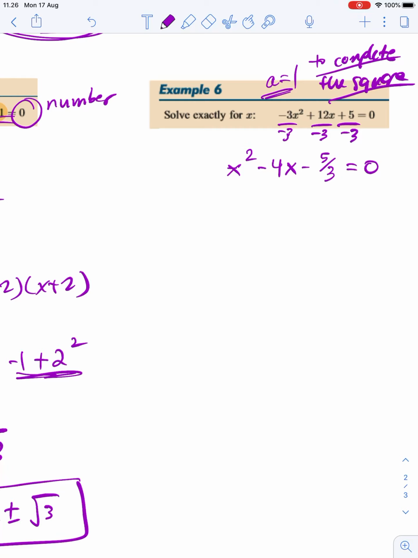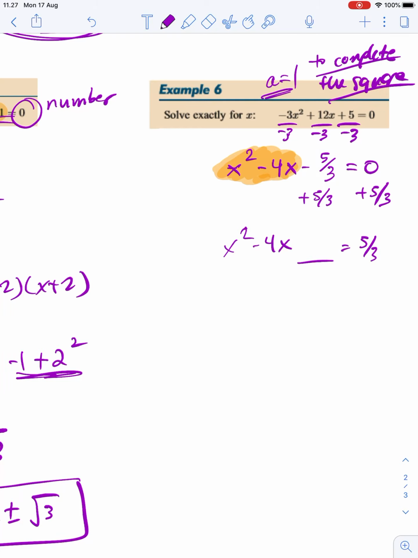The same thing is going to happen here, guys. Again, we just want to work with this portion right here, and make a perfect square with the x squared minus 4x. So we'll add the constant to both sides. x squared minus 4x, I'm going to leave space here because I know I'm going to add something if I'm completing a square.